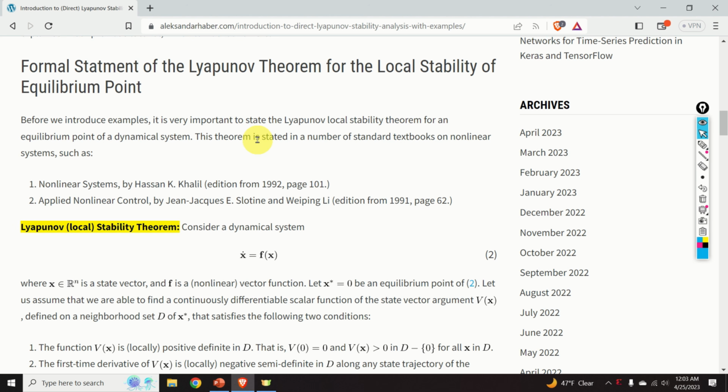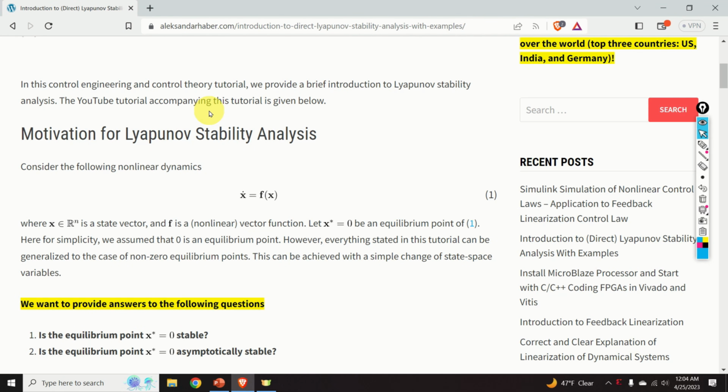Let us first explain the main motivation for the Lyapunov stability analysis. Consider the following nonlinear dynamics: x dot is equal to f of x, where x is a state vector and f is a nonlinear vector function.